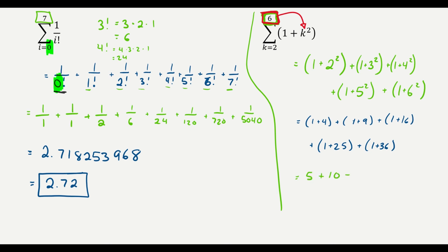So 5 plus 10 plus 17 plus 26 plus 37. And this is the easy part of summation notation. We have 15 plus 17, which is 32, plus 26 and 37 gives you 63. And so now I have 95 as my answer to this. So when you see this summation notation, it all equals 95.